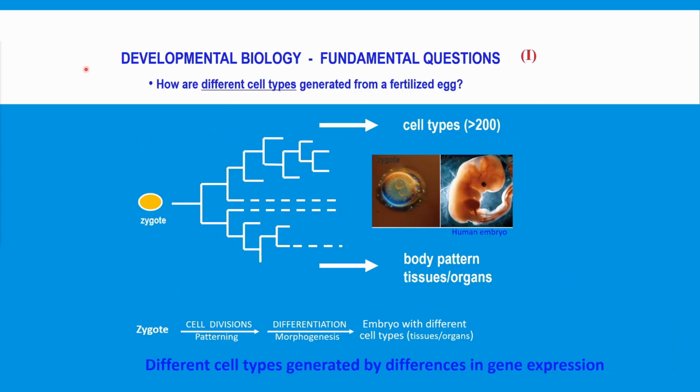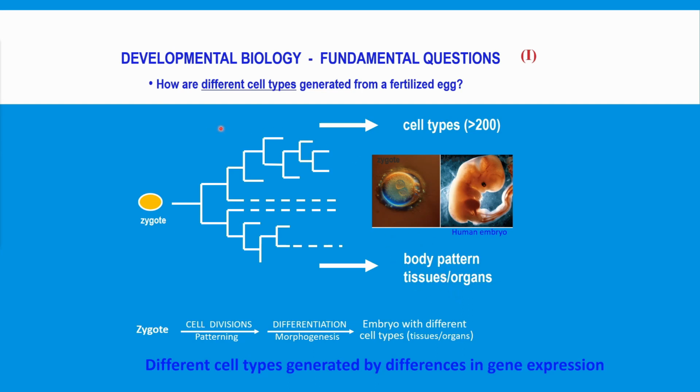So just to start with a recap of the last lecture, we had some fundamental questions, and one of them was how does an egg develop into a human embryo, so going from one cell type to a complex organism with more than 200 cell types, a very distinct body pattern, and developed tissues and organs.